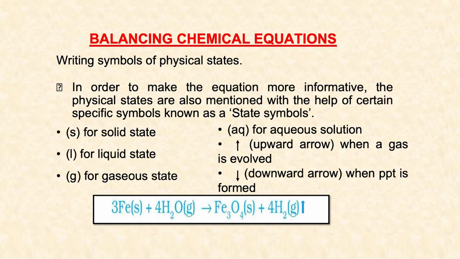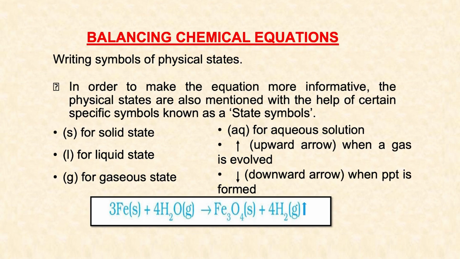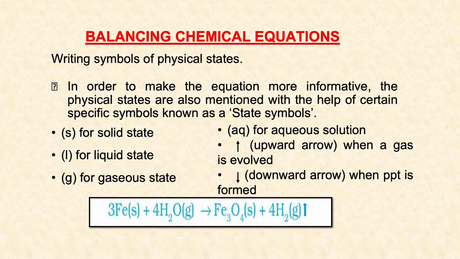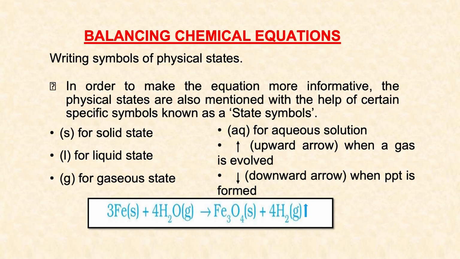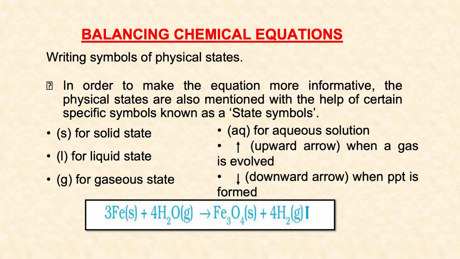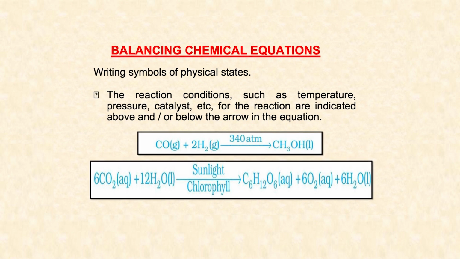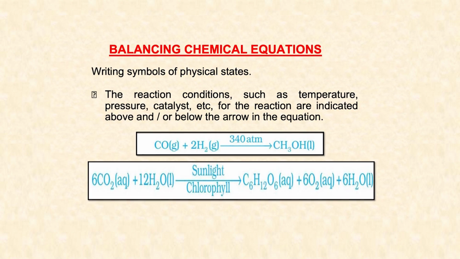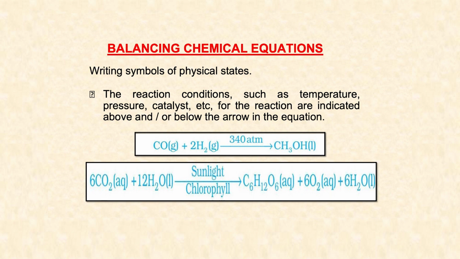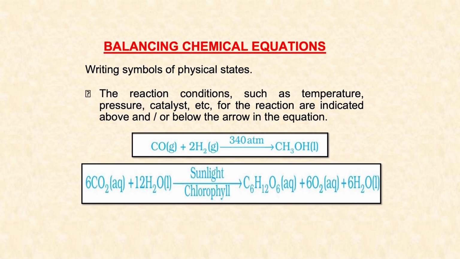An upward arrow shows that a gas is evolved in a chemical equation. A downward arrow represents formation of a precipitate or insoluble compound. Physical conditions like temperature, pressure, catalyst, etc. for a chemical reaction are indicated above and or below the arrow in the equation.